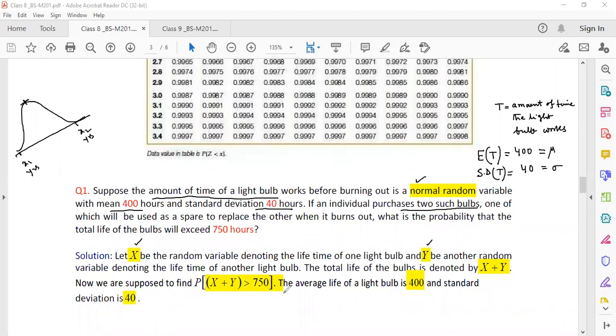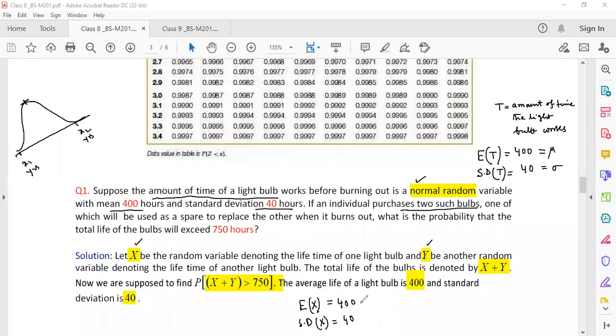Now, when I suppose there are two variables, capital X and capital Y, for two different light bulbs, we know how the amount of time a light bulb works behaves: E of X is equal to 400 and the standard deviation of X is 40.